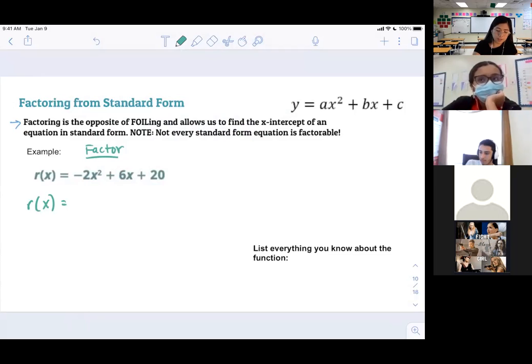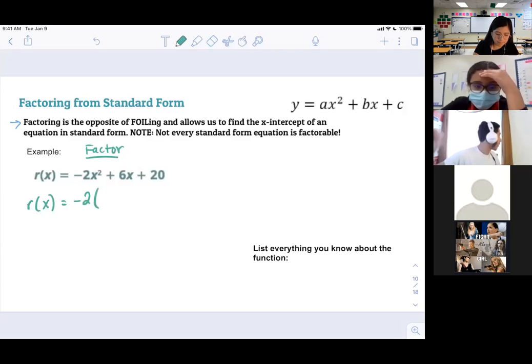The other thing though is I want to get rid of that negative as well. My goal right now is to get rid of my leading coefficient altogether. So I'm going to get rid of that -2 by factoring it out. If I take out a -2 from each term, what do I end up with? All of them get divided by -2.